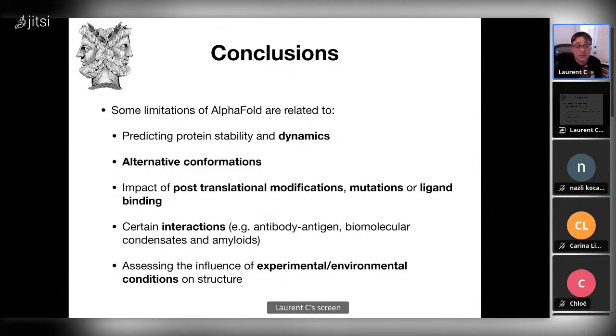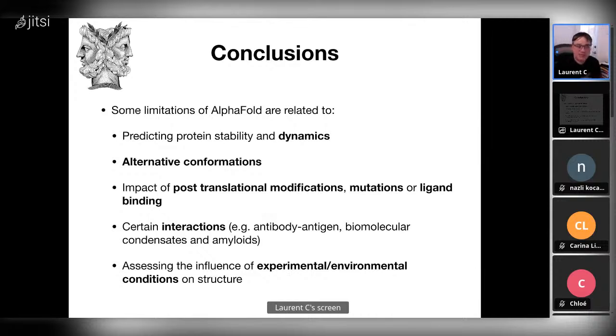Of course, there are some limitations also, still an emerging capacity to predict protein stability and dynamics. Sometimes it can have difficulty generating a model of alternative conformations. So some proteins are known to exist in multiple configurations, and frequently AlphaFold will be biased for one of these conformations.